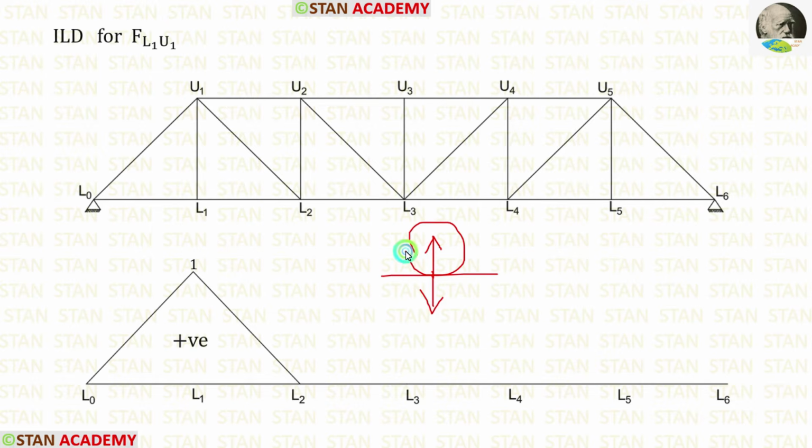This force will be tensile. Here also we are having the same thing. The unit force is acting downwards. FL1 U1 is acting upwards. Using this concept we can say that FL1 U1 is tensile, so it is positive.